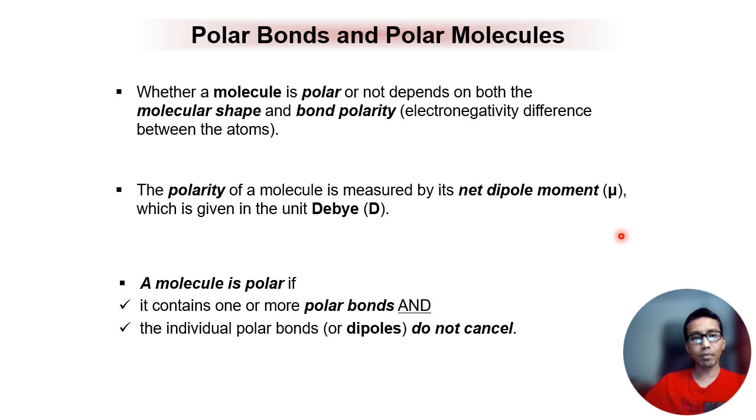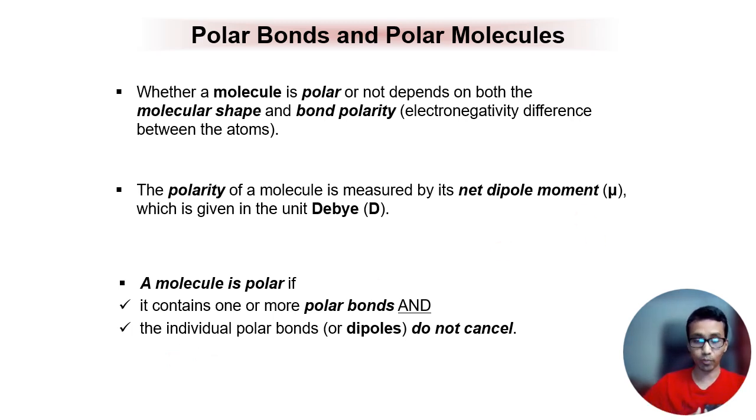So the polarity of a molecule is measured using net dipole moment, which is a vector quantity, and we will see how we can combine bond polarities, just like we can combine vectors, and then determine the resultant vector to determine whether it has a net dipole moment or not. Now, the rule of thumb is a molecule is polar if it contains one or more polar bonds.